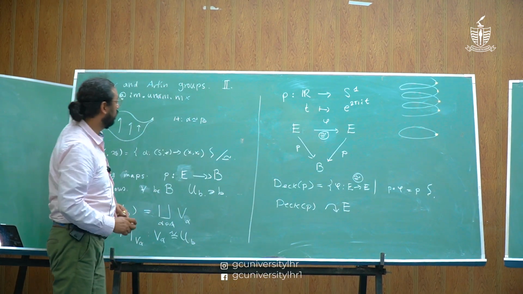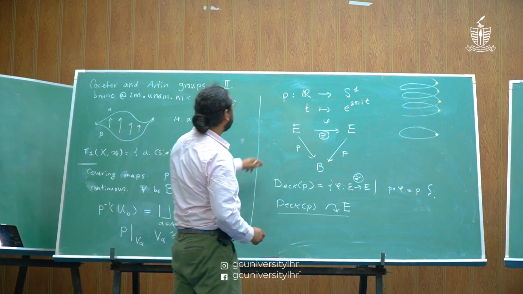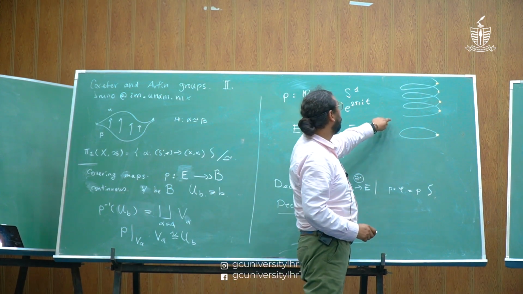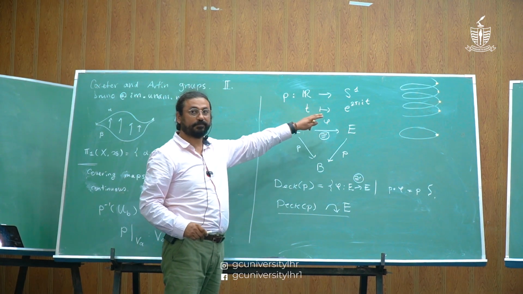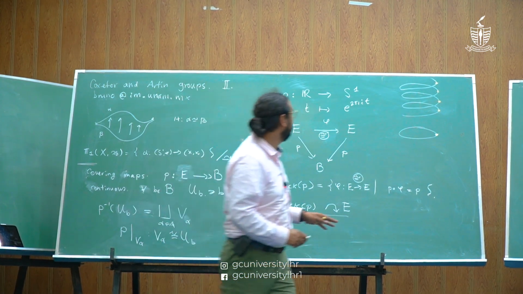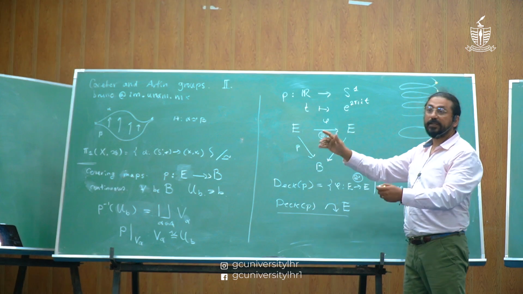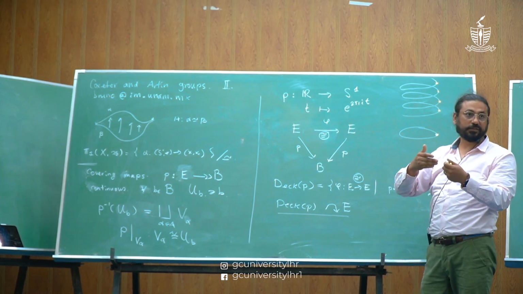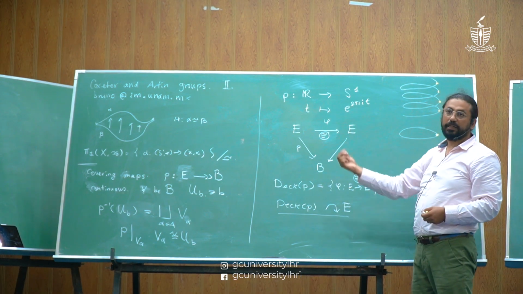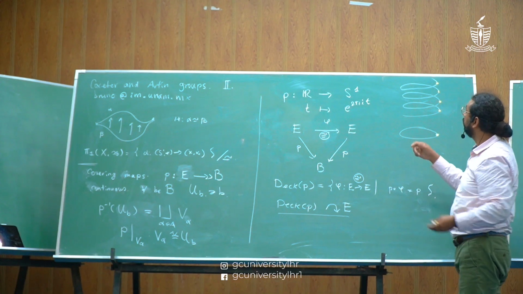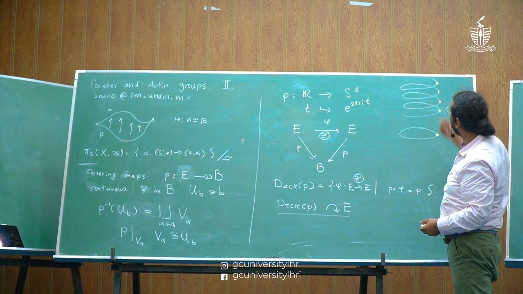For example, in this case, what would be the deck transformation group of this map? Can you see? In this case, the deck transformations will be the translations, right? Each time that I take t and I add 1, I make a translation, and it will be like just climbing up in the spiral, right?